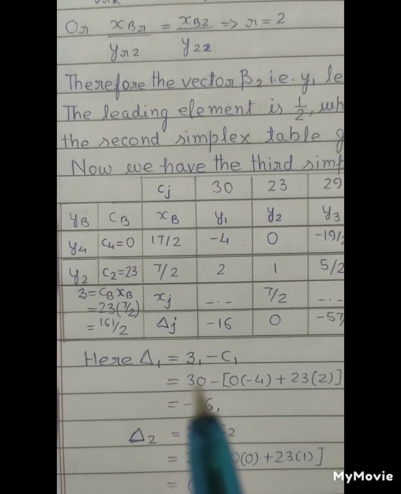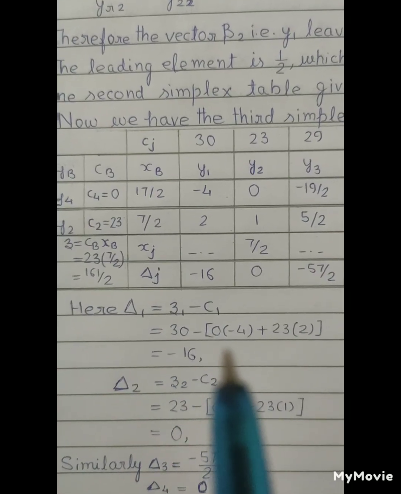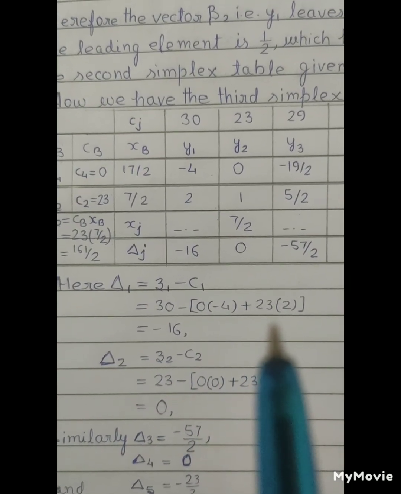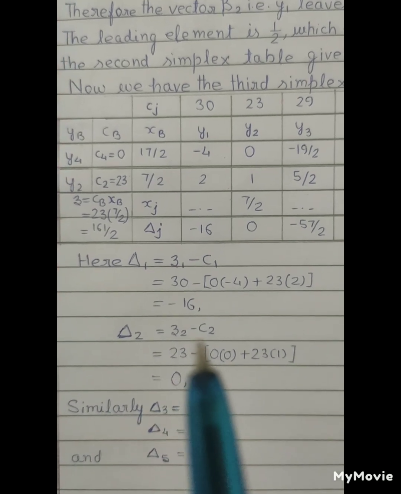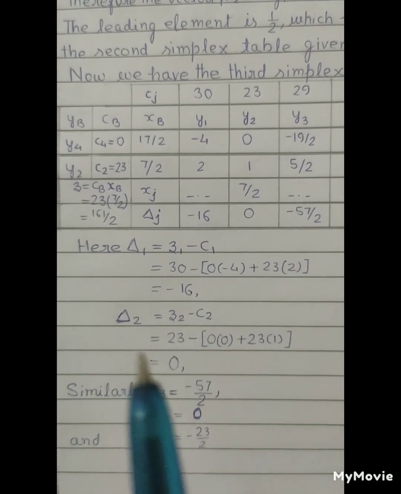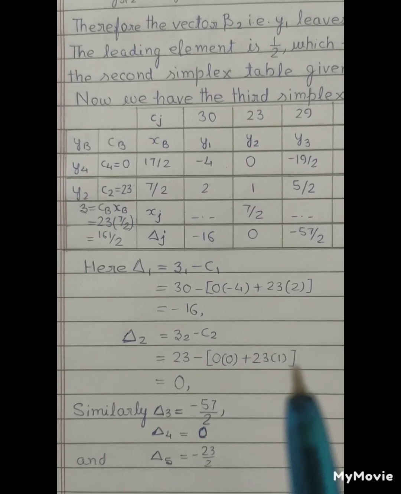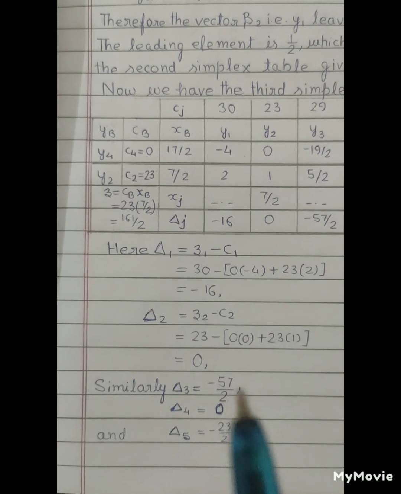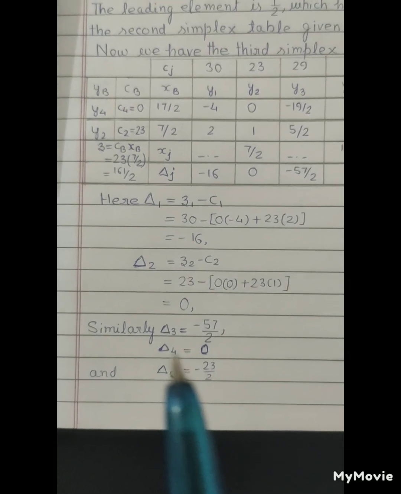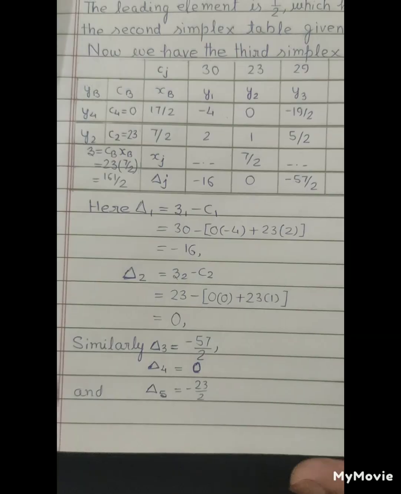Here delta 1 equals z1 minus c1 equals 30 minus (0 into -4 plus 23 into 2) equals -16. Delta 2 equals 23 minus (0 into 0 plus 23 into 1) equals 0. Similarly, delta 3 equals -57/2, delta 4 equals 0 and delta 5 equals -23/2.